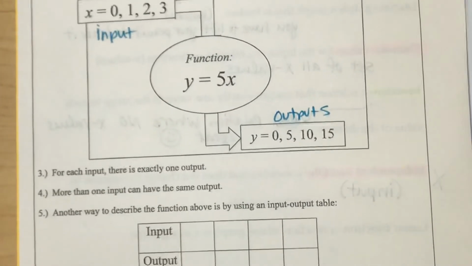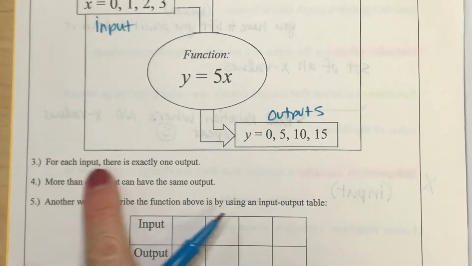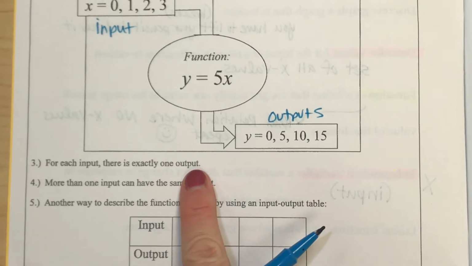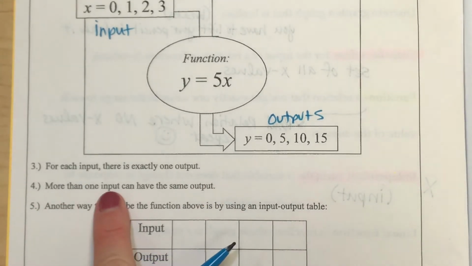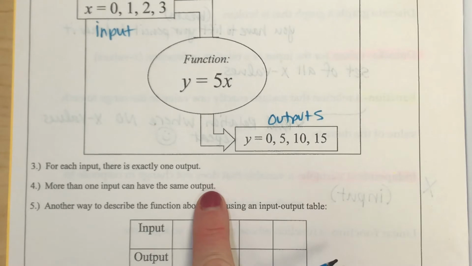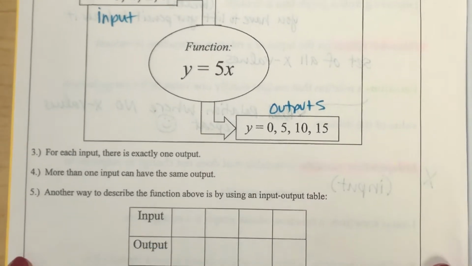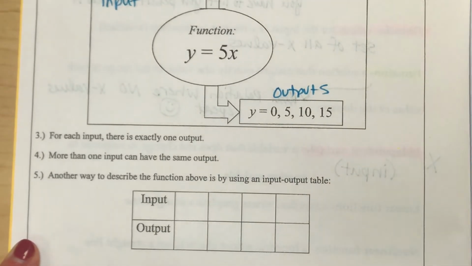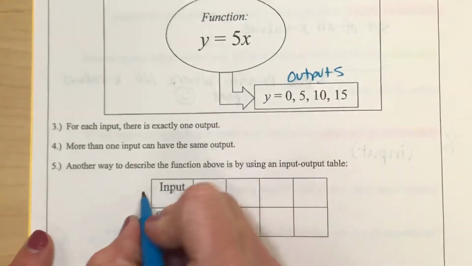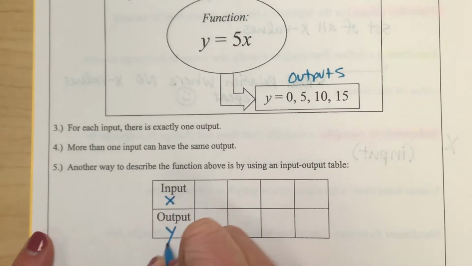So for number 3 here it says, for each input there is exactly one output, and more than one input can have the same output. And then number 5, another way to describe the function above is by using an input-output table. So our input is our x's and our output is y's.